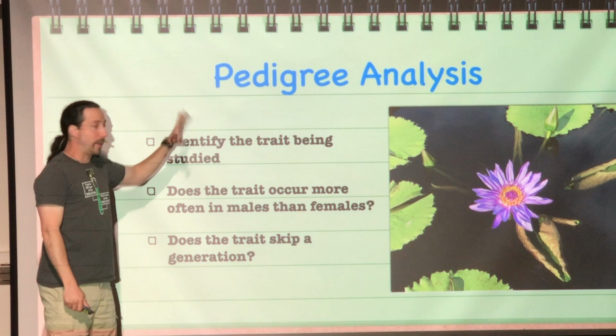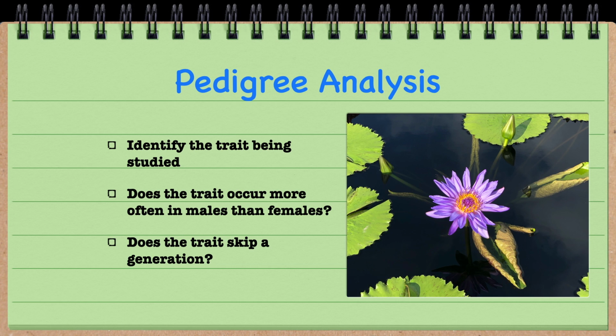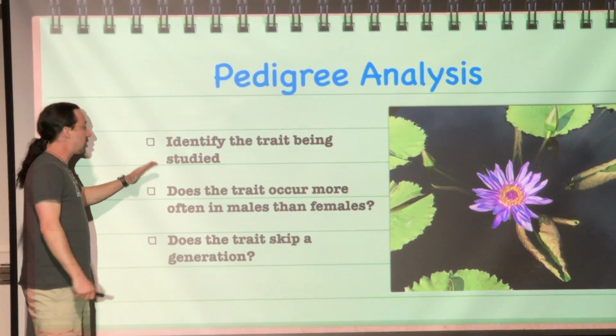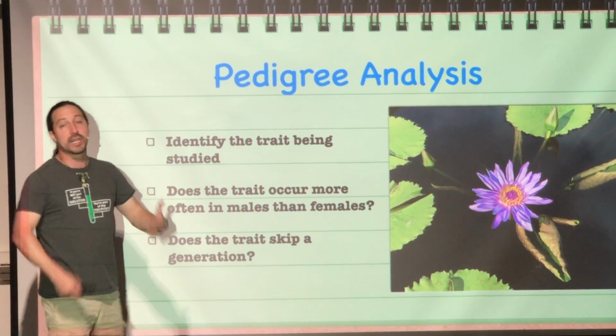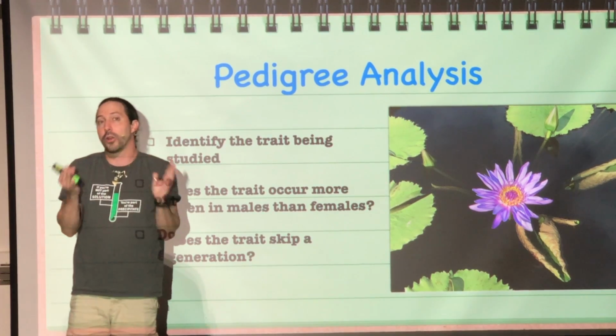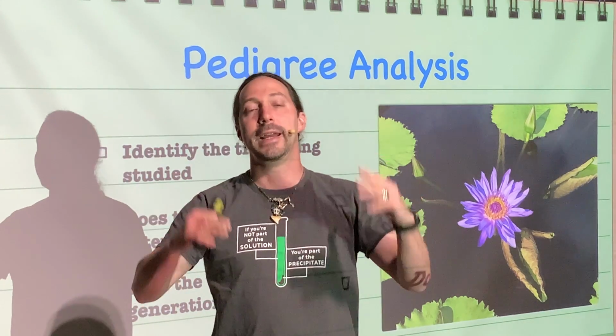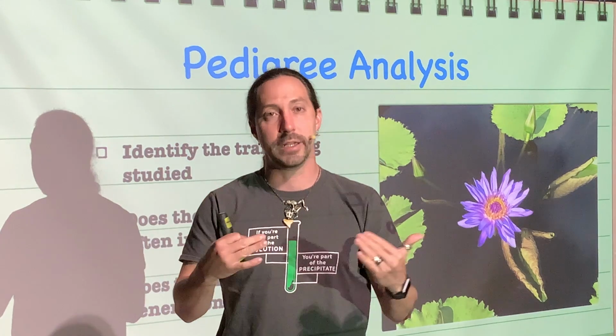When we analyze our pedigrees then, we are first going to have to identify what is that trait that we want to study. What is it that's going on? Next, does the trait occur more often in males than it occurs in females? If it occurs more often in males, we would anticipate that that means that that trait is a sex-linked trait.